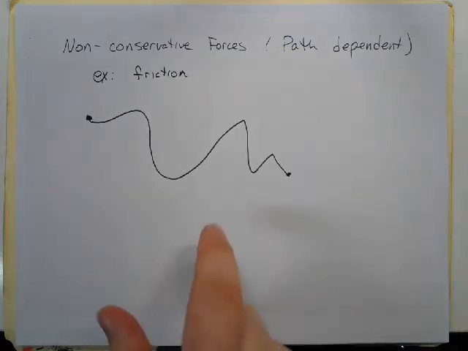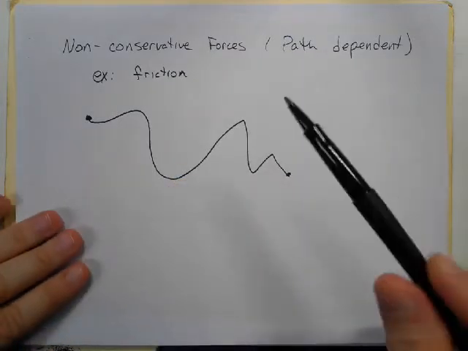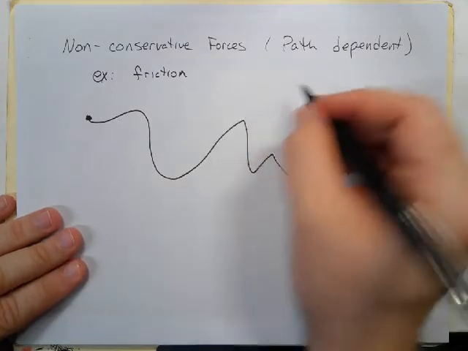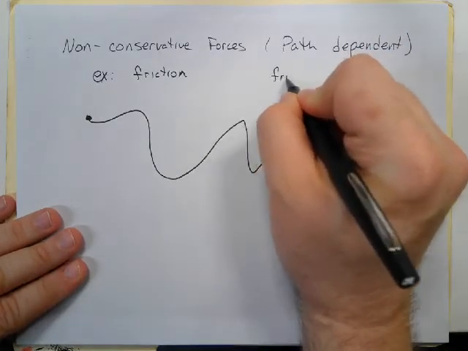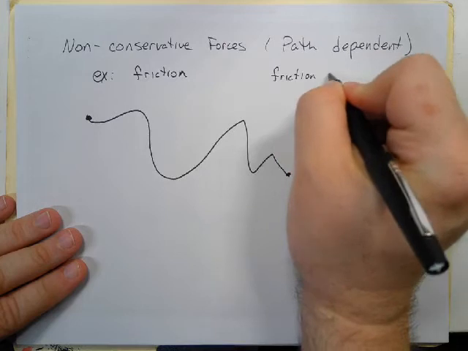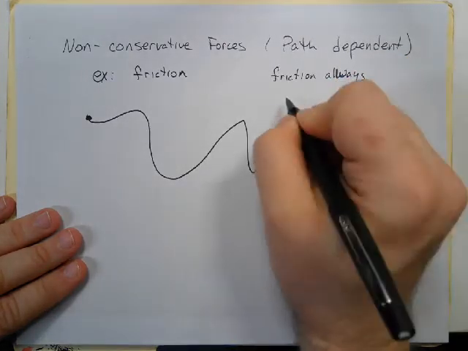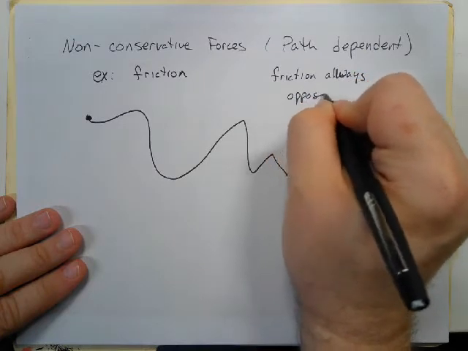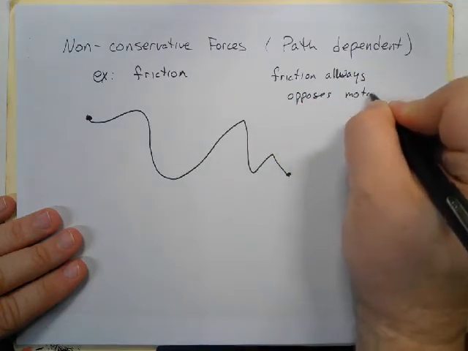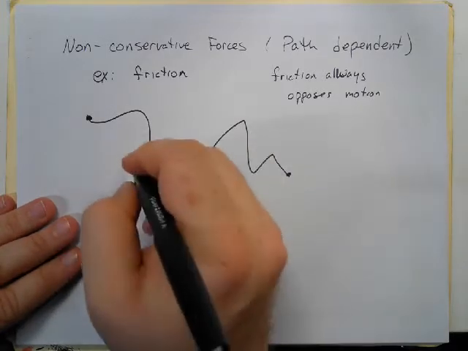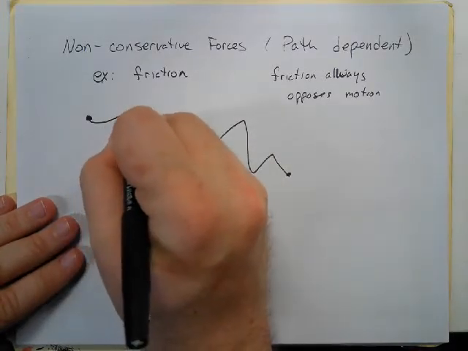I've done more work. And that's because when we talk about friction, the friction is always opposite the direction of the motion. So what we can do is look at a particular point. Say we'll look here.